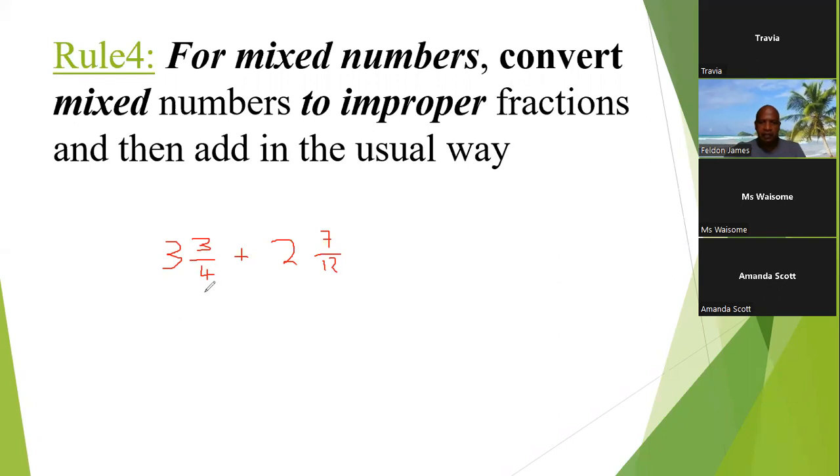We multiply the whole number by the denominator. So 3 fours are 12. What next?